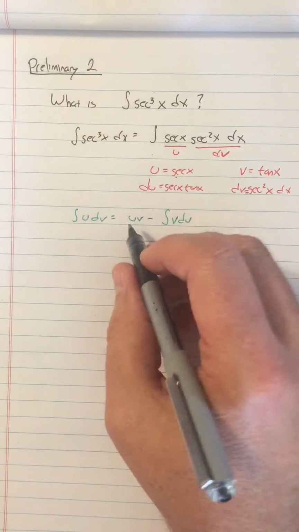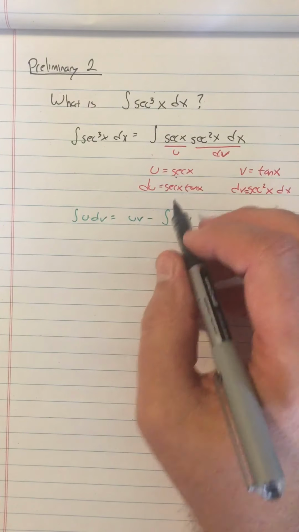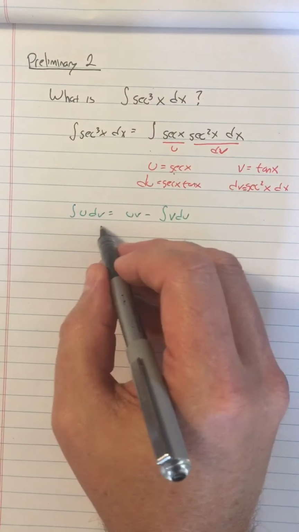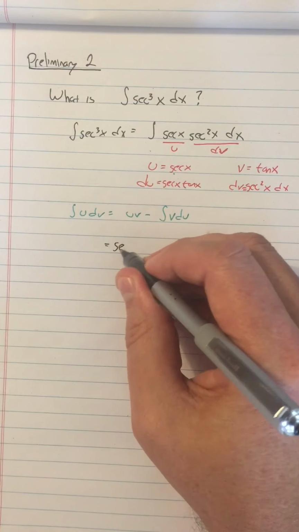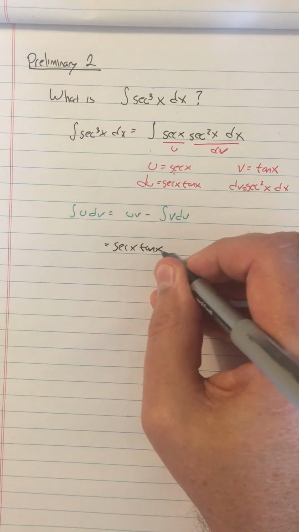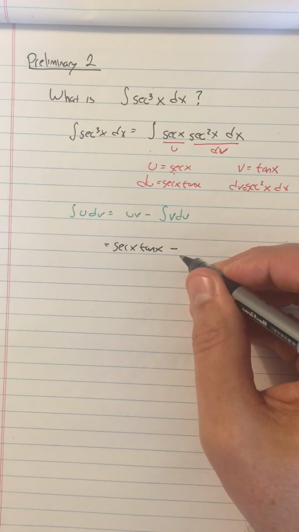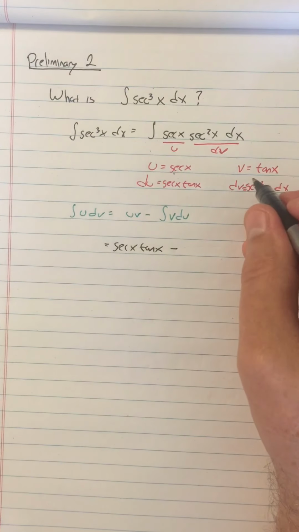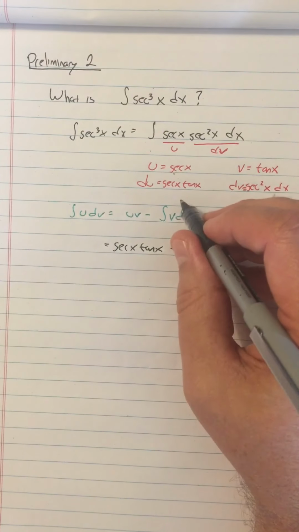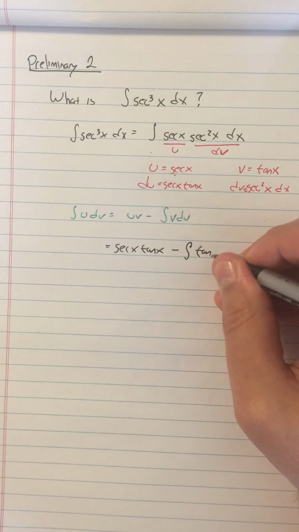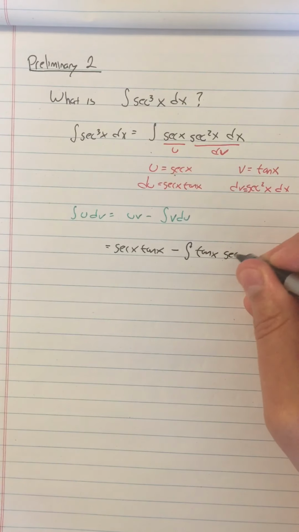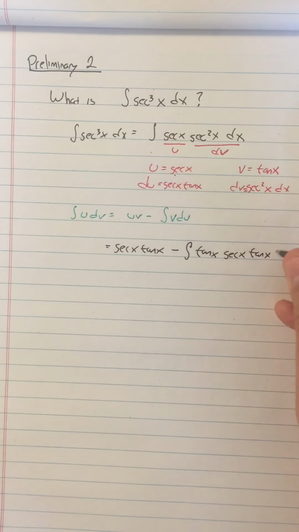All right. So when I put down uv, my integral of secant cubed is the u dv. So my uv is going to be secant x tangent x, minus my integral of v du. So I'm going to have the integral of tangent times secant tangent.